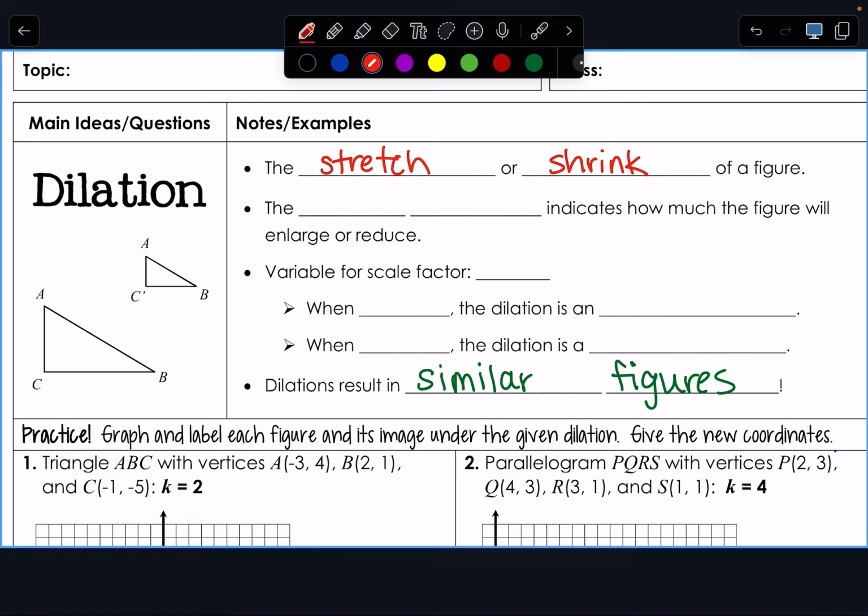Do you remember at the beginning of the week, I asked you a few problems about the scale factor? The scale factor is going to indicate how much the figure is going to get bigger or how much it's going to get smaller.